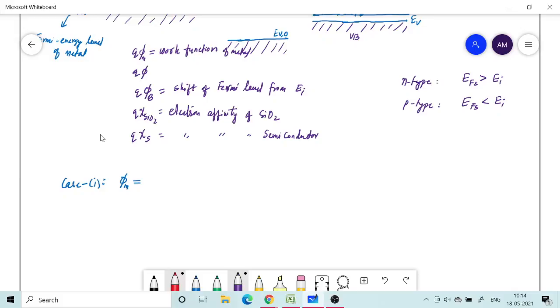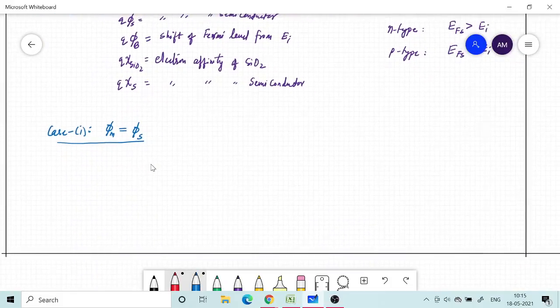Similarly, I can write phi s as the work function of semiconductor. So if phi m is equal to phi s, and we join these three different materials, the band structure drawing is quite easy.